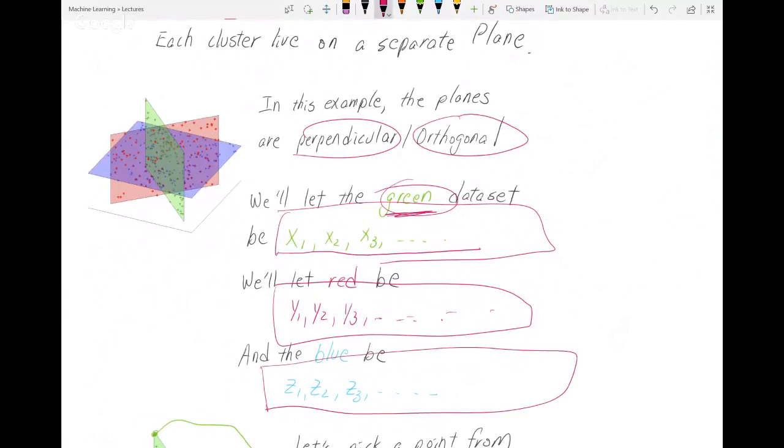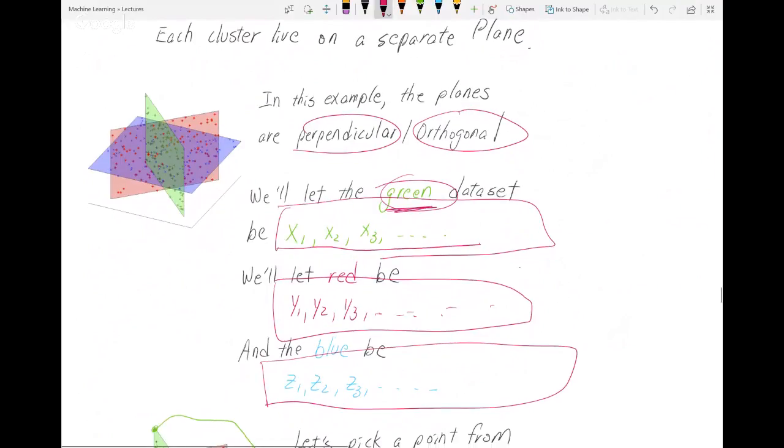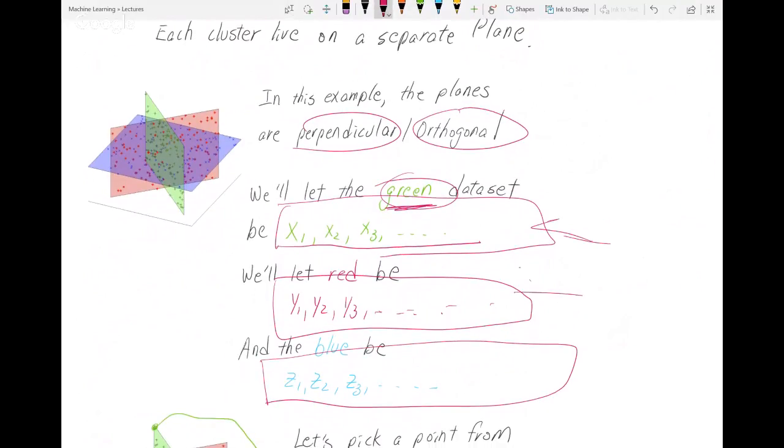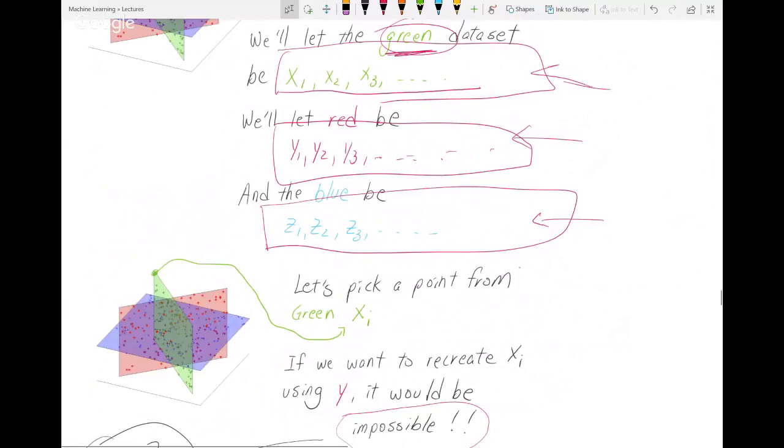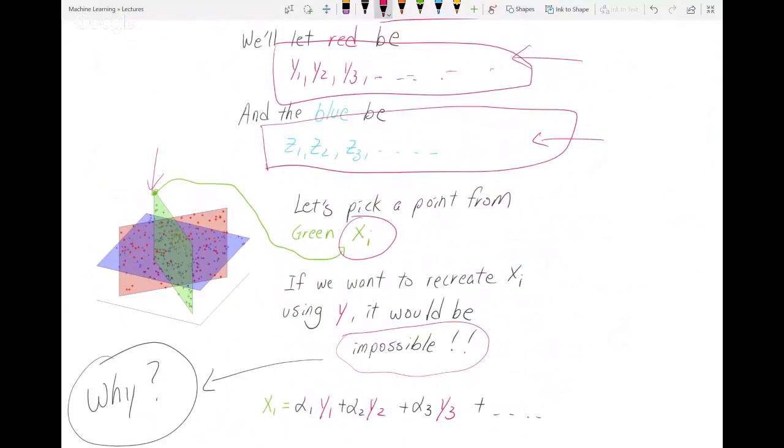Just to make it easier to separate the three in terms of variables, I'm going to name them slightly differently. So at this point, if we pick a point here, we'll call it xi from green. And we want to recreate xi using y, the red dots.